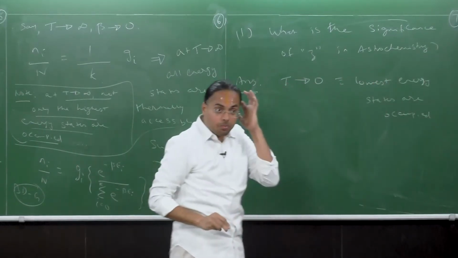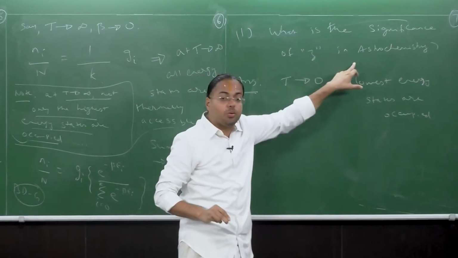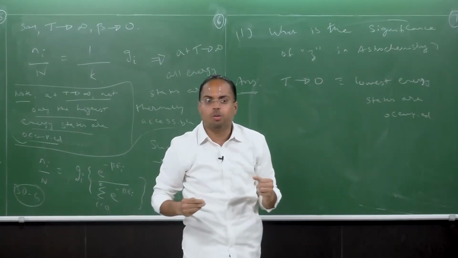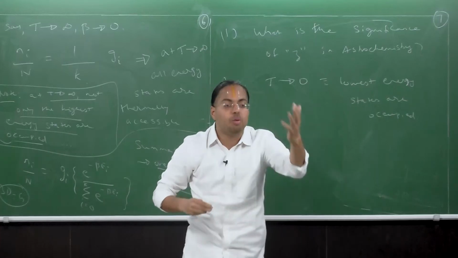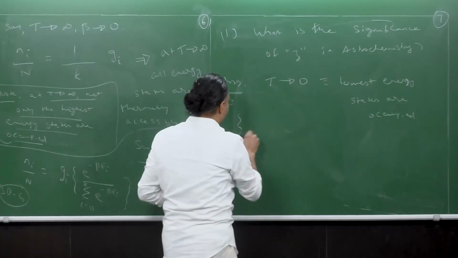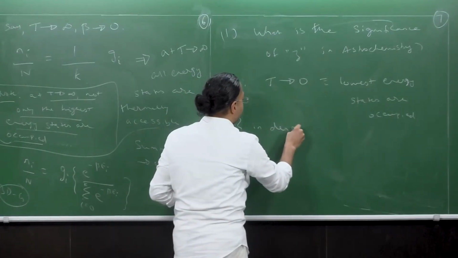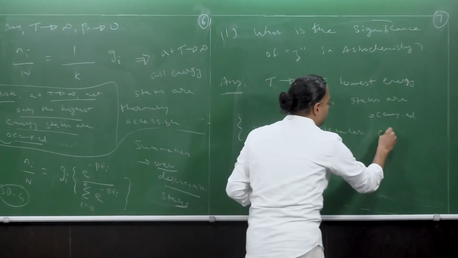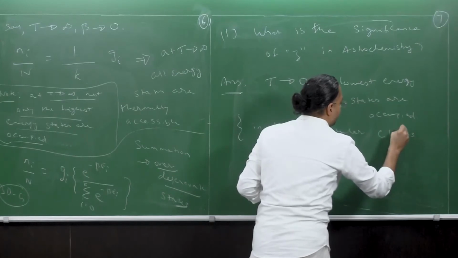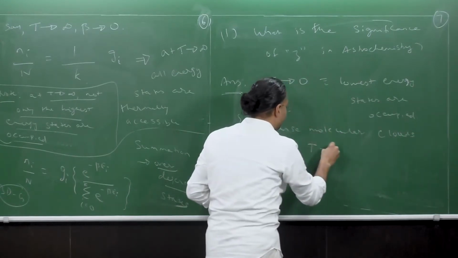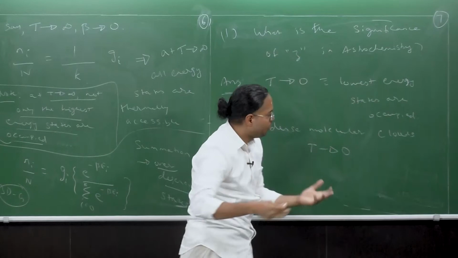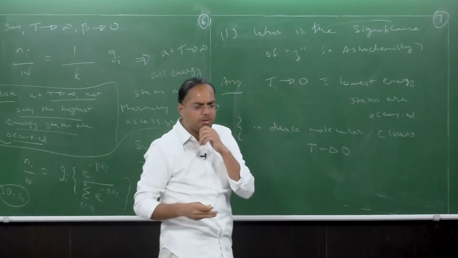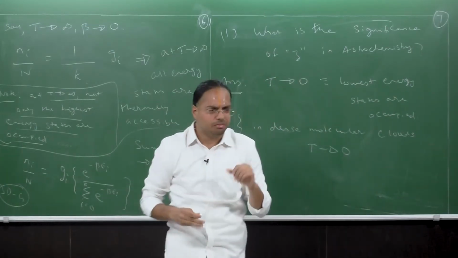Now this T tends to 0 holds particular relevance in astrochemistry, right? What is that? Well, in the dense molecular clouds, the temperature tends to 0. We are talking about temperature less than 20 Kelvin, right?